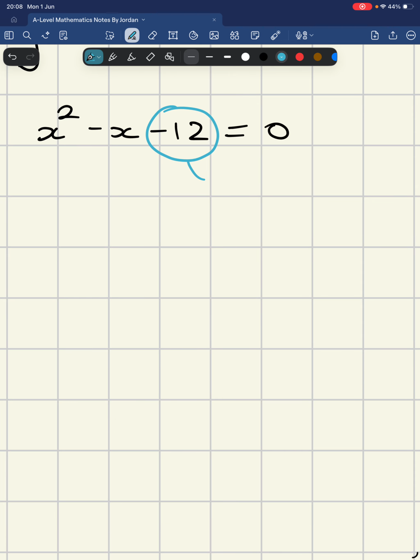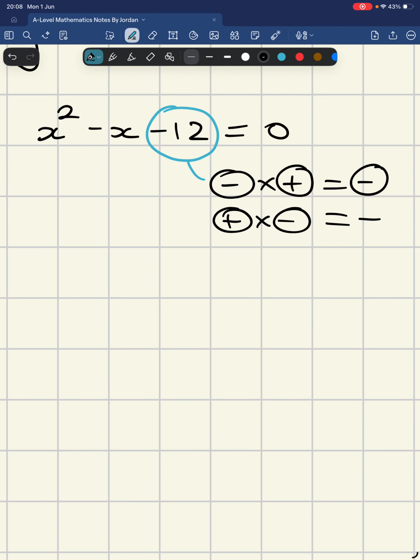Because what we have here is we could have a negative multiplied by a positive, which would give us a negative, or we could have a positive times by a negative to give us a negative.